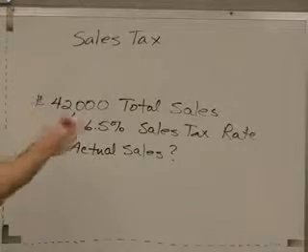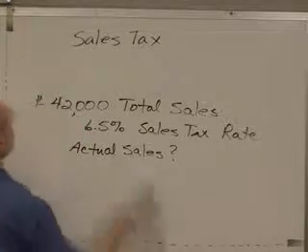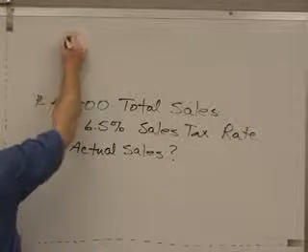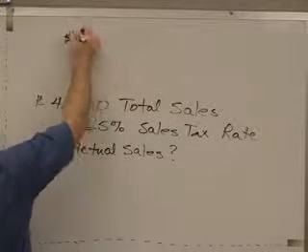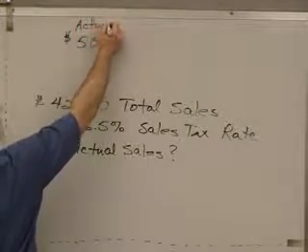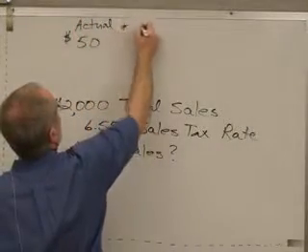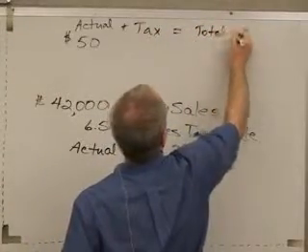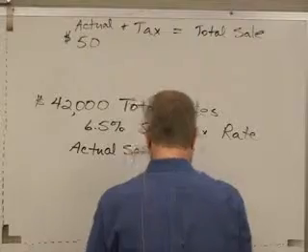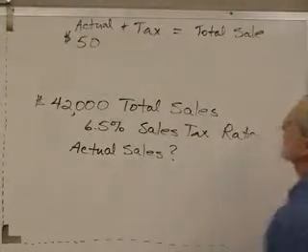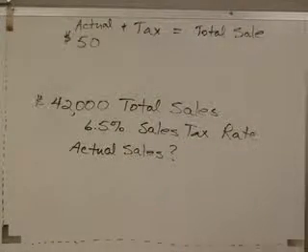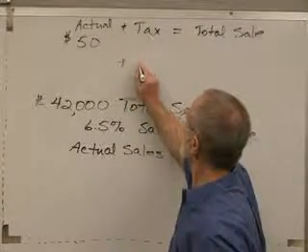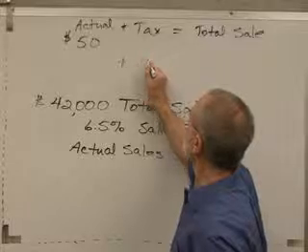Now, let's look at an original picture and then work backwards. Let's say we bought something that cost $50. That was the actual price. And then we were going to add tax to it, and that was going to give us the total sale. Now, if we have this scenario, let's say the tax is 7%.